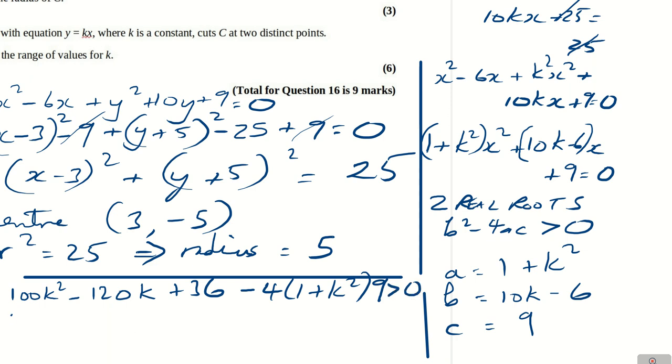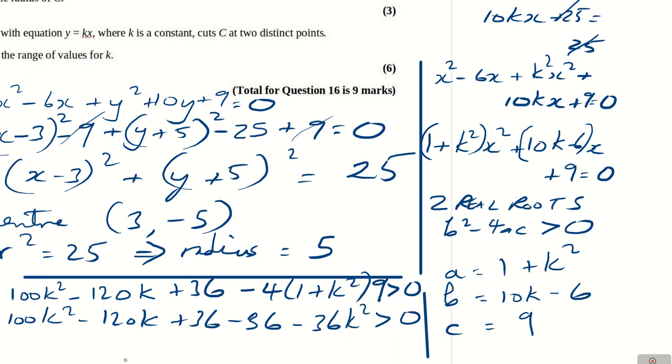Oh crikey, so 100k squared minus 120k plus 36 minus 36 minus 36k squared has got to be greater than 0. The 36's cancel out, so we've got 100 minus 36, so we've got 64k squared minus 120k has got to be bigger than 0.